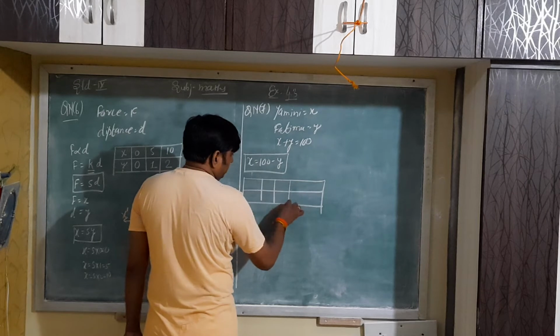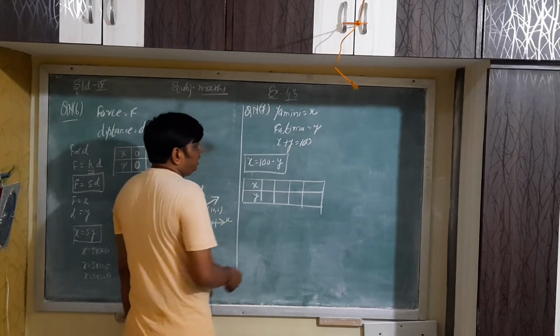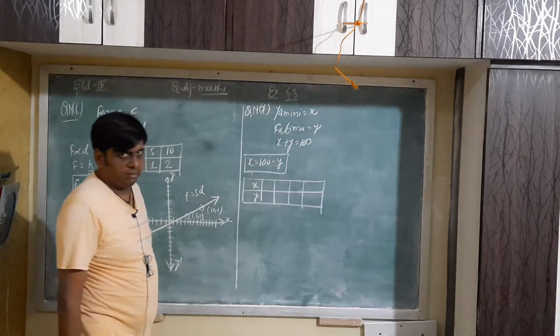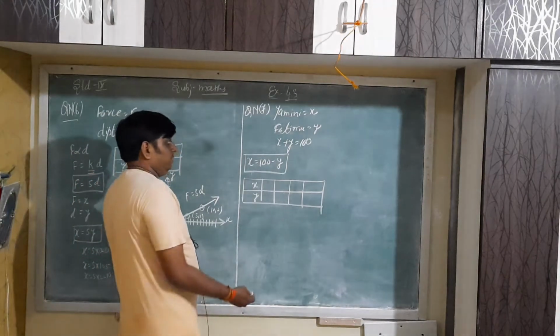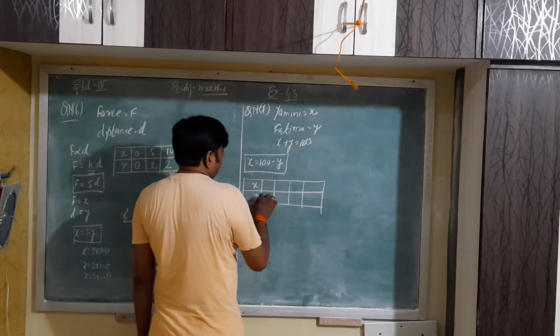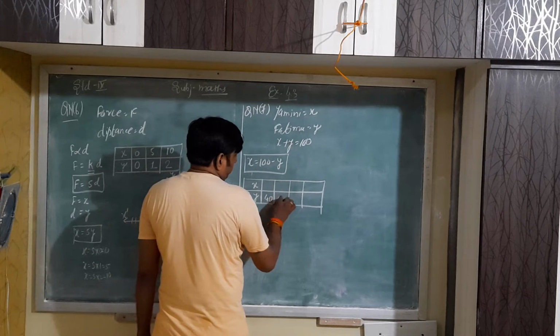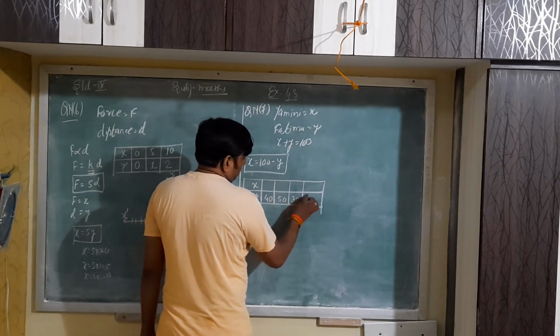Make at least three solutions. Suppose y equals any numbers. We suppose big numbers because of 100. So suppose y equal to 40, 50, 30, 20.